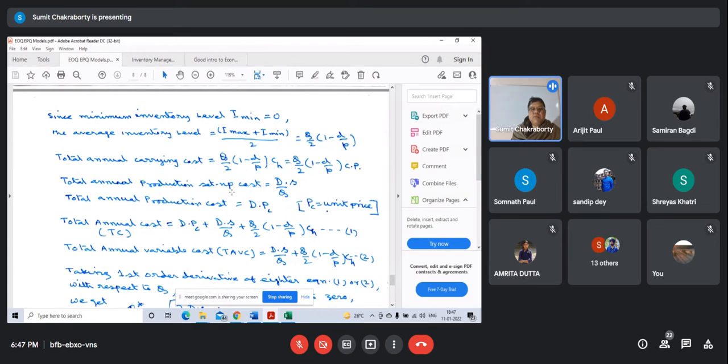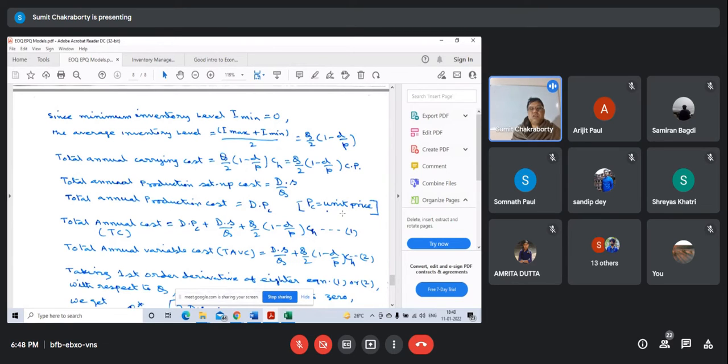So the total annual setup cost, we know the ordering cost like DO by Q. So here DS by Q. Why? Because number of setups per year equal to total annual demand, capital D, divided by Q. Q is the lot size every time that you produce. So that is the number of production runs multiplied by setup cost per setup. So DS by Q. Total annual production cost is DPC.